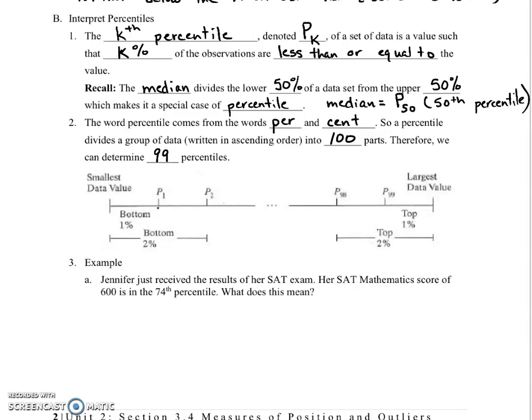So P1 would be the bottom 1%, and P2 would be the bottom 2%. When we get to the bigger numbers, like P99, we don't call that the bottom 99% anymore. We call it the top 1%. And then P98 is the top 2%, etc. And then, of course, the largest data value is furthest to the right.